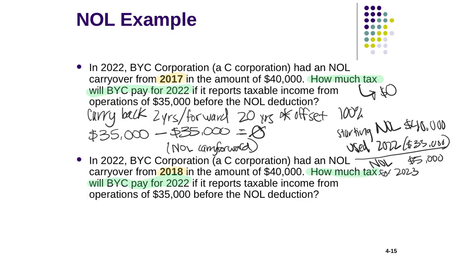So for this one, since we have an NOL from 2018 and it has still carried over into 2022, meaning we didn't fully use it in 2018, 2019, or 2020, our NOL rules now are they can be carried forward indefinitely.